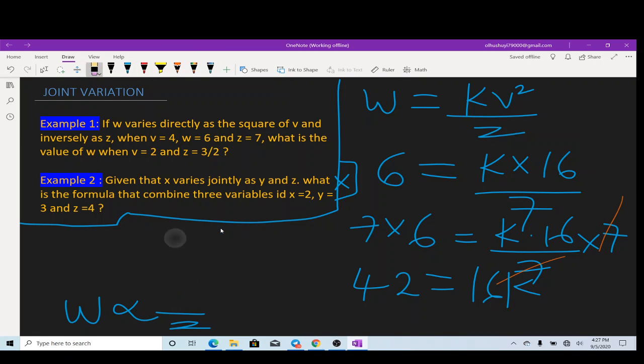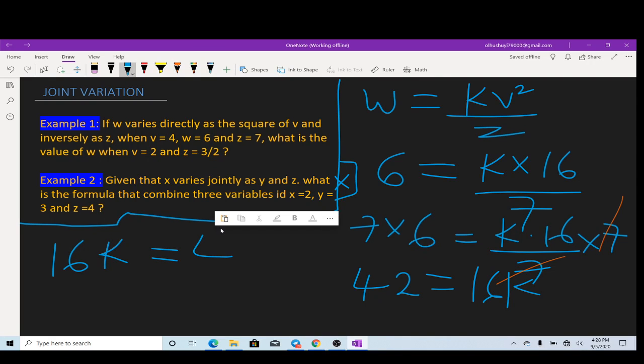So what do we do next? You are looking for K, right? So you have 16K equal to 42.